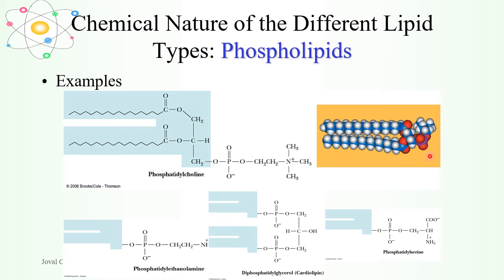A space filling model is shown over here. Another one is phosphatidyl ethanolamine, where the alcohol connected to our phosphatidic acid is ethanolamine. An interesting phospholipid is diphosphatidyl glycerol, which is a cardiolipin.